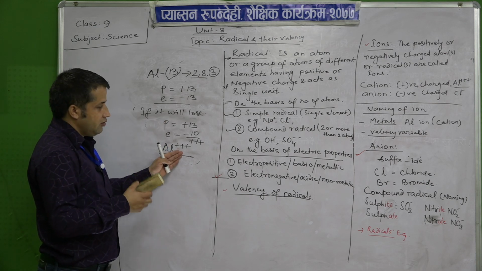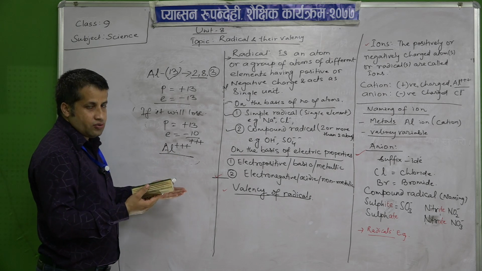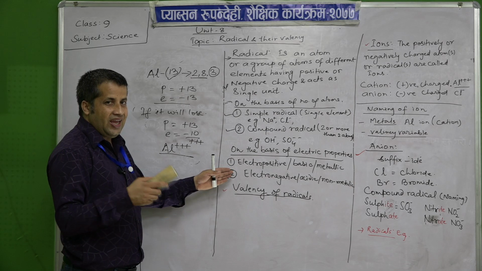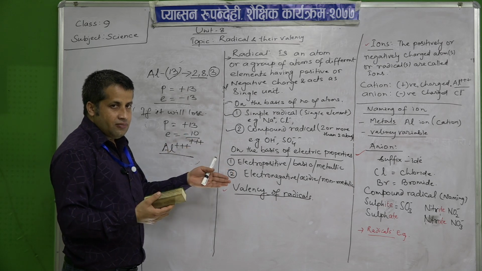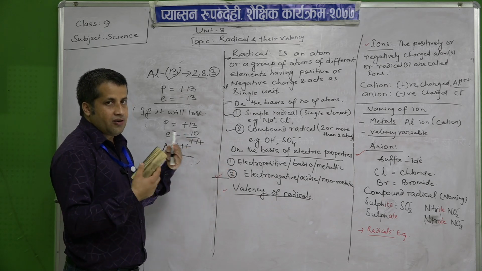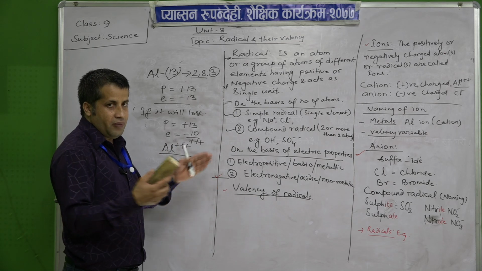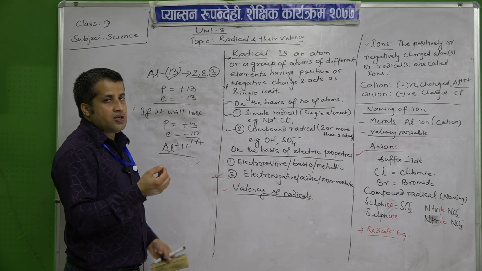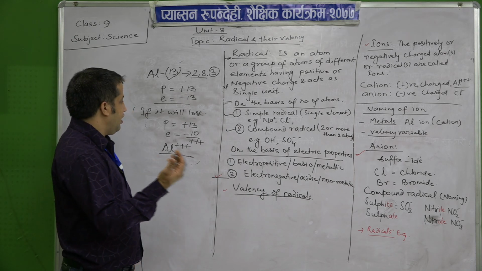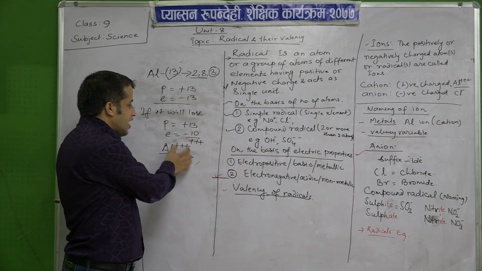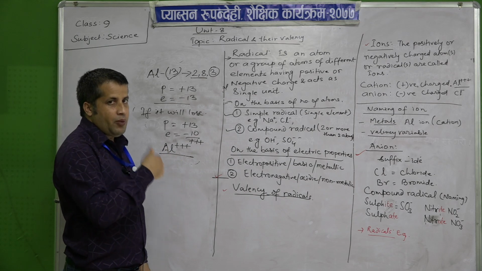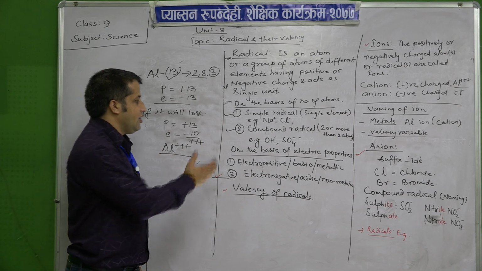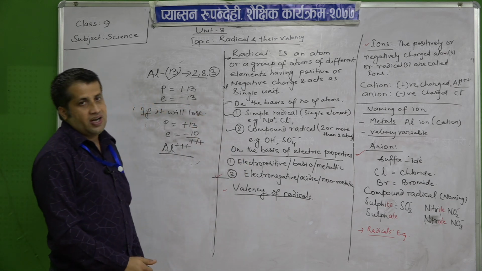Like here, aluminum has a positive charge, and it has done so by losing electrons. Electropositive radicals are formed when any atom of an element or a group of elements combined together loses electrons, and they acquire a positive charge on them. That's why they are called electropositive radicals.